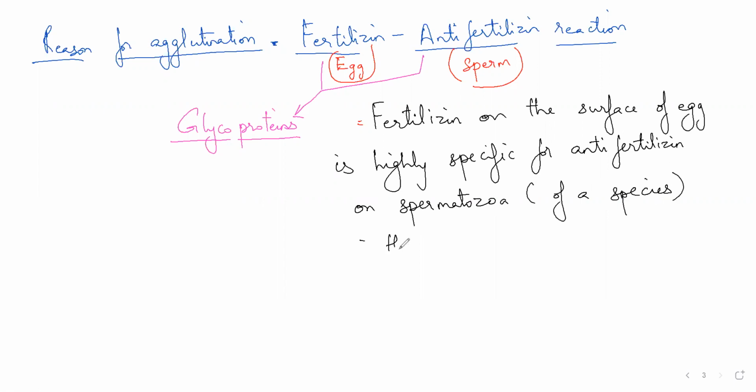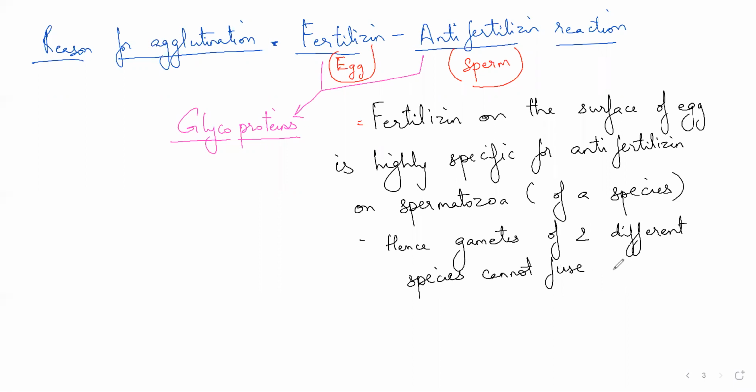Hence, the gametes of two different species cannot fuse with each other. तो अलग अलग स्पीशीज के गेमीट्स आपस में फ्यूज नहीं कर सकते. ठीक है, इसको मॉडिफाई किया गया है.